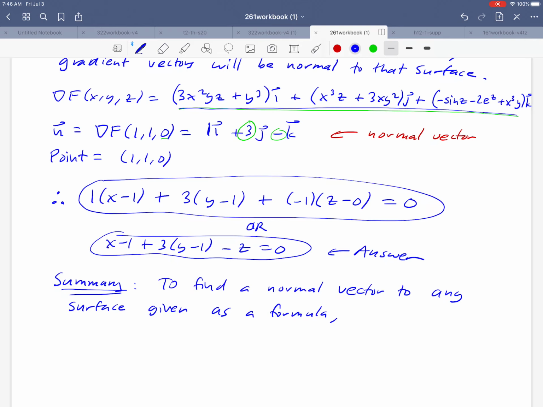If you look back at what we did, first thing we did is we took all of our terms and moved it to one side of the equation so that we've got a 0 on the other side.